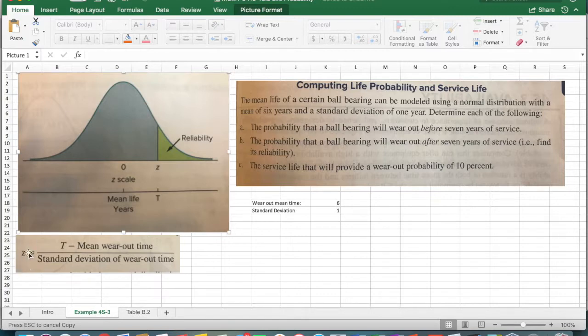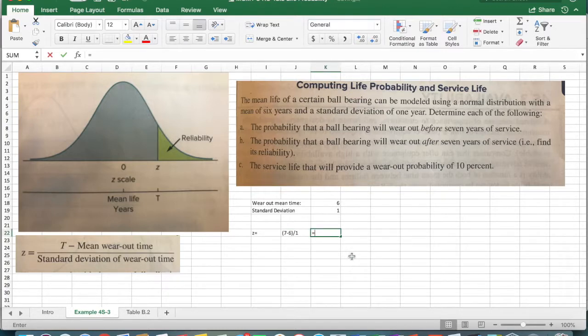So the value of Z is calculated as T minus the mean wear out time, divided by the standard deviation of wear out time. This will be calculated as T, which is 7, because in part A we're looking for 7 years of service, minus the mean wear out time, which is 6, divided by the standard deviation, which is 1.